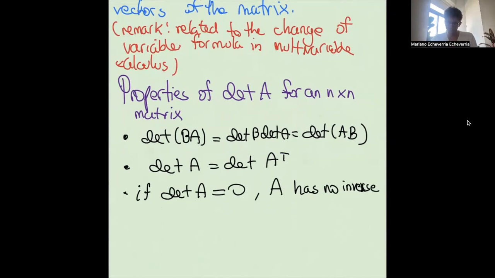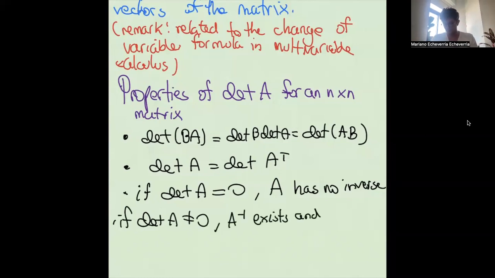What's also true, and I didn't explain, is the converse. If the determinant of A is not 0, then A has an inverse, which is not clear from what I have said. But if the determinant of A is not 0, A inverse exists, and you have a formula for the determinant of the A inverse.